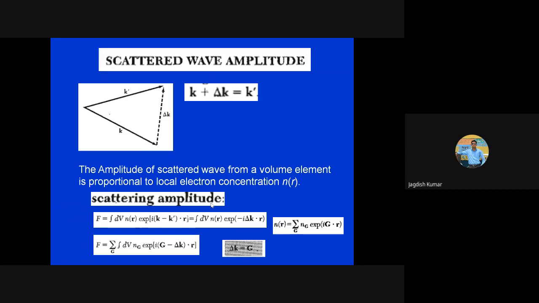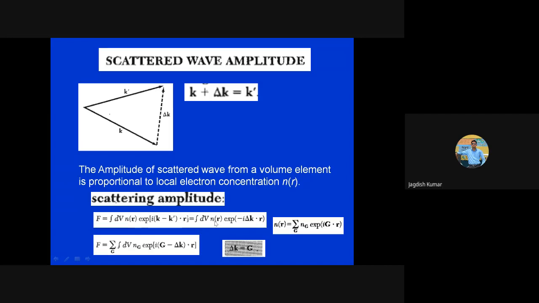The only delta k is because of change in the angle, right? Because of scattering. Now the amplitude of the scattered wave coming from that small volume element dV is proportional to local electron density. This I already told you. The amplitude is proportional to local electron density, the volume element, and all. So this is the same thing written once again.